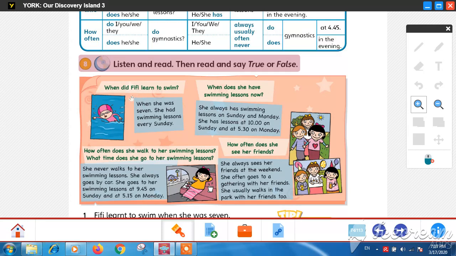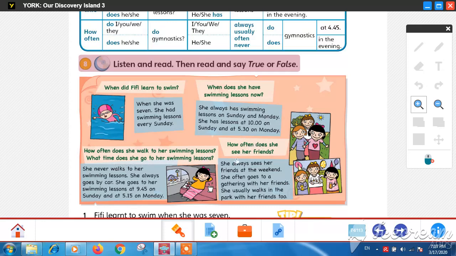So here we can find question number 1. When did Fifi learn to swim? So you read and find the answer for this. When does she have swimming lessons now? Right? So this is in the past and this is at present. How often does she walk to her swimming lessons? What time does she go to her swimming lessons?